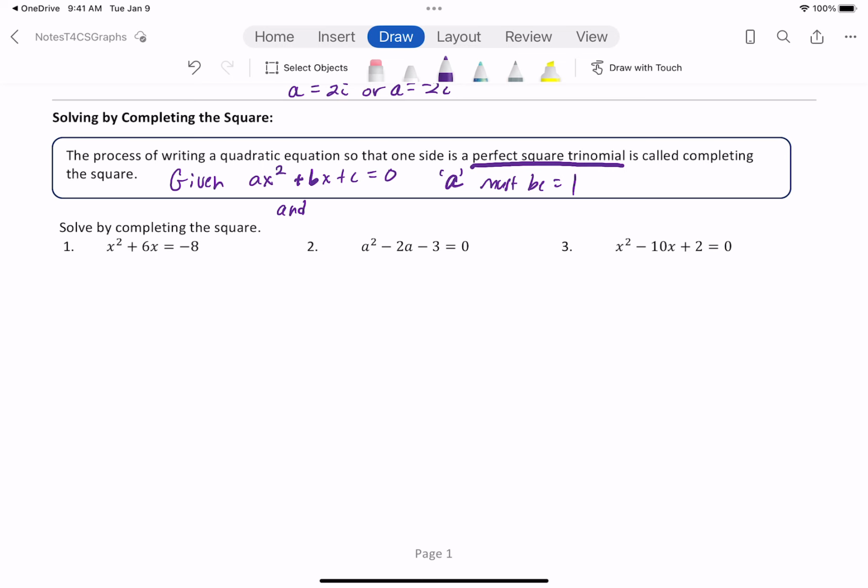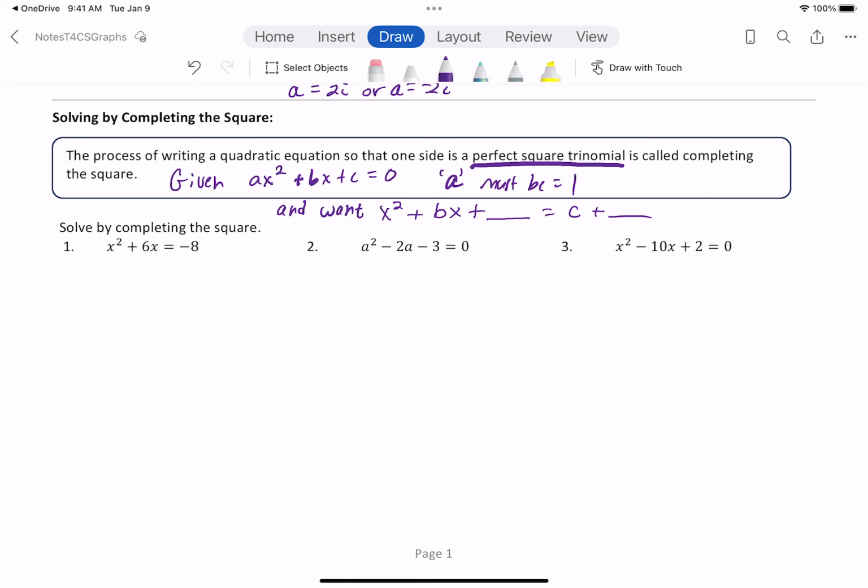What we're going to try to get this to look like, if a is 1, then the a wouldn't actually be showing, right? We're going to want our squared term plus our linear term plus, I'm going to put in a blank, equals the constant plus blank.